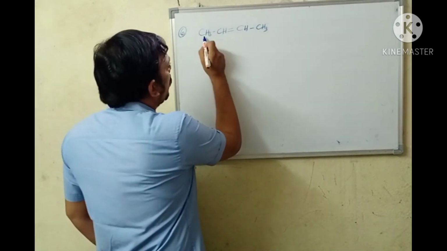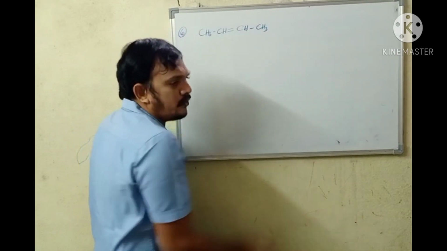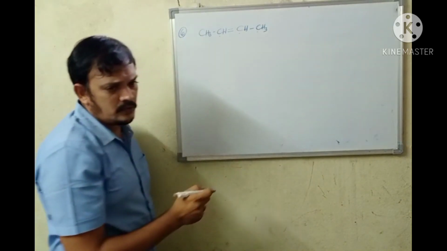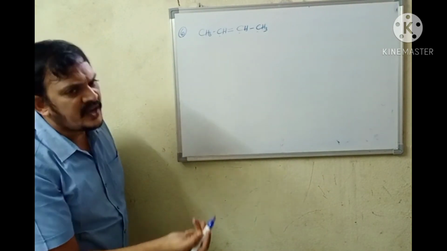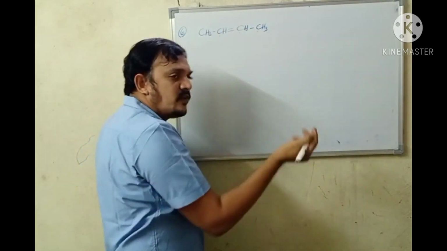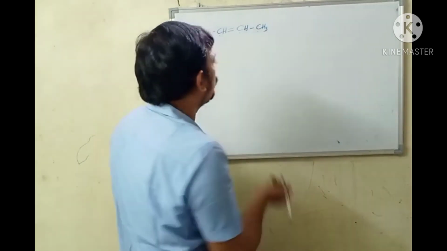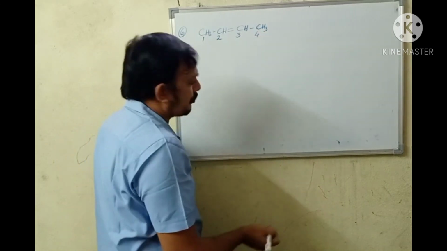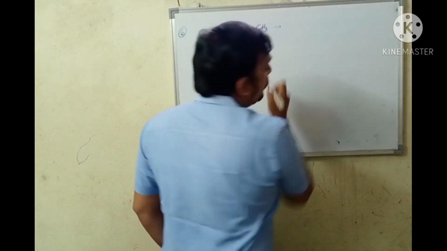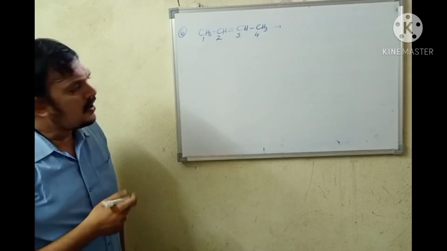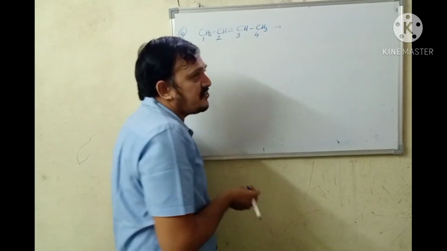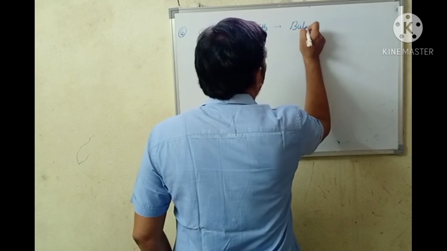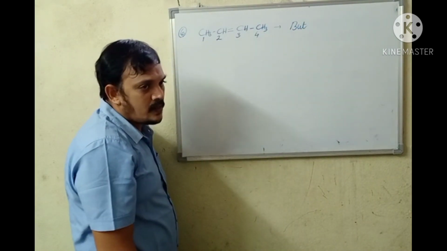So numbering 1, 2, 3, 4 or 1, 2, 3, 4. By numbering from either side, the double bonded carbon atom will get number 2. So don't bother about the numbering. No substituent is there, so no secondary prefix, and no primary prefix as it is an aliphatic compound. So its name starts with root word but.